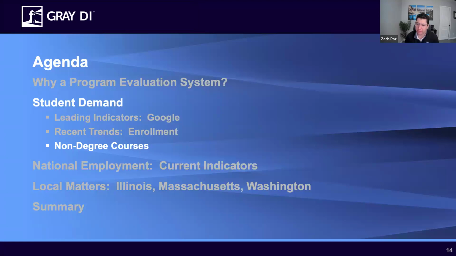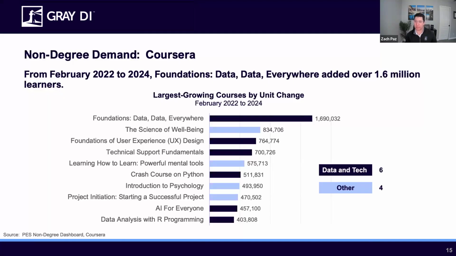The next one we're going to talk about is using non-degree course information. Specifically, you can leverage data from some of the MOOC platforms. We'll look at Coursera in this, and what we're looking at is the largest growing programs from February 2022 to February 2024.